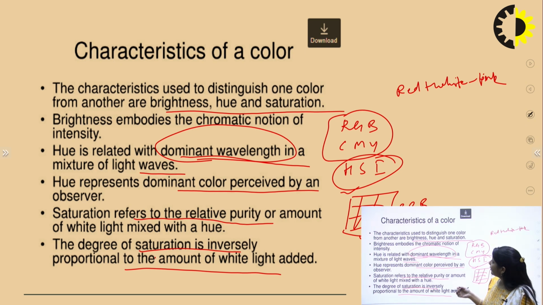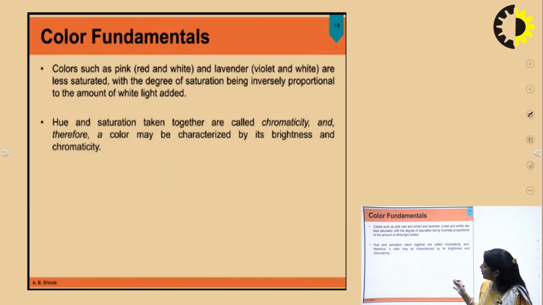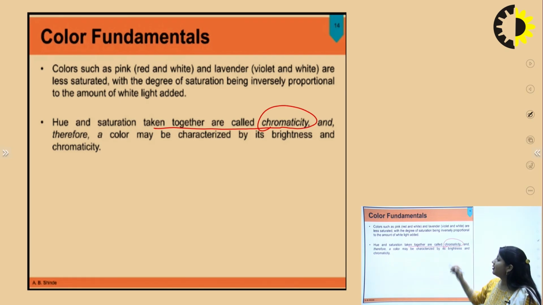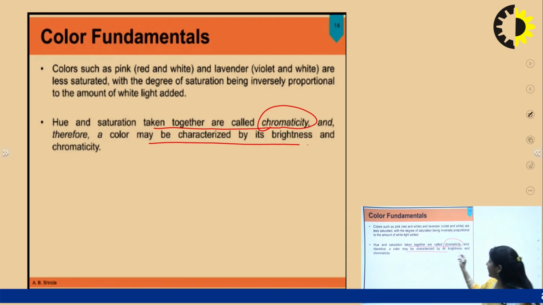And next is the I, meaning intensity. Intensity is the value of that pixel, that is the intensity value of that pixel. So hue and saturation taken together are called chromaticity. Chromaticity means which will contain the actual color mixed with the white light, and color may be characterized by its brightness and the chromaticity.